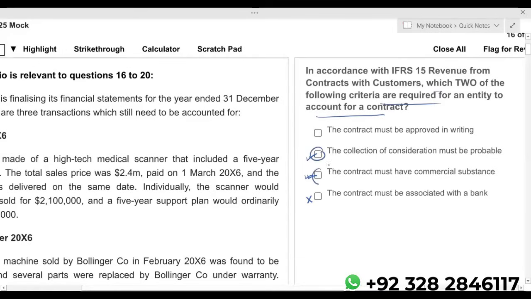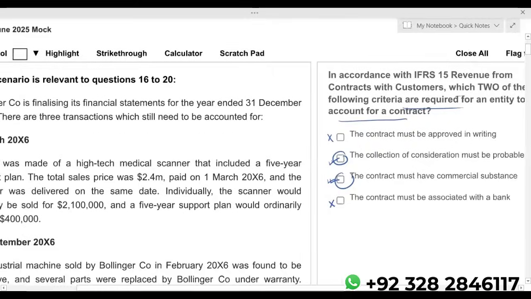That is 2 and 3. The contract must be approved in writing, not necessary. It is very much possible the contract would be verbal if it is the custom of that particular industry. So not necessary. So 2 and 3. Okay.